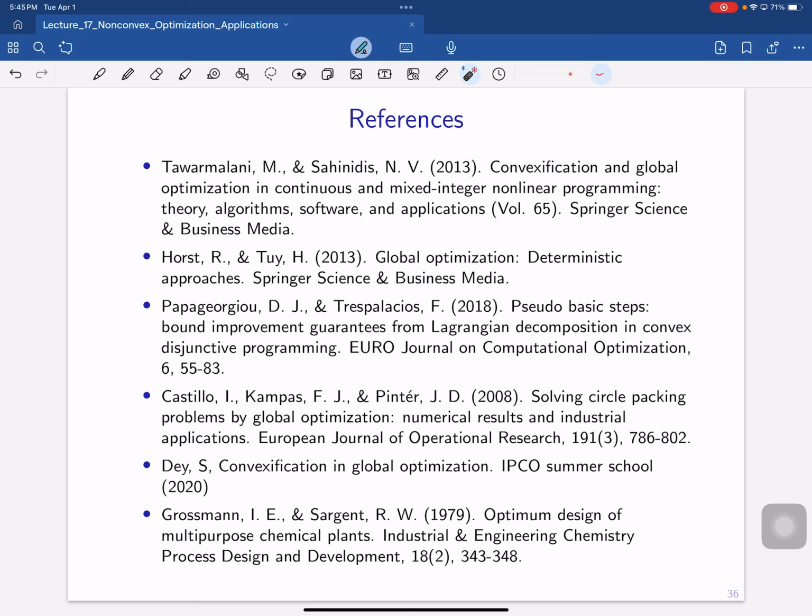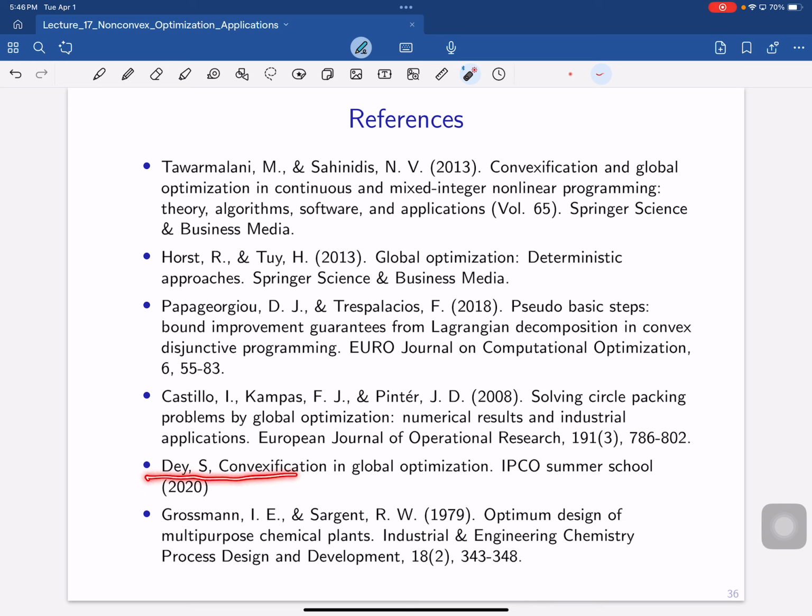What he did during his PhD has turned into a very classical textbook in global optimization. There is also another book by Horst and Tuy. It's also a classic reference on global optimization. I use some formulation for the k-means clustering problem from this paper. There are also some references on packing problems.